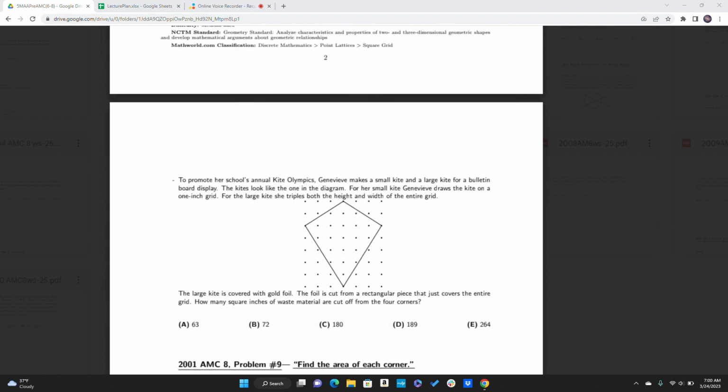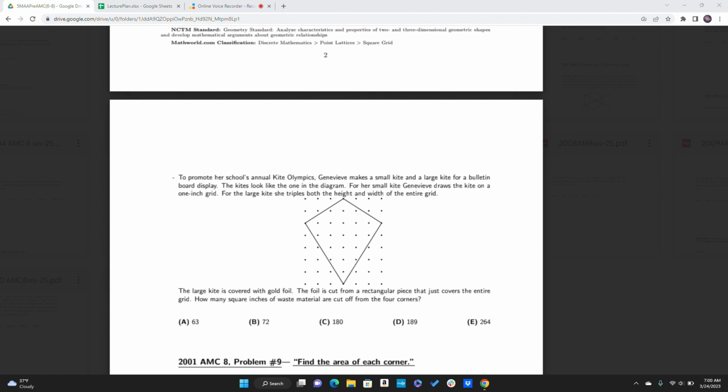And lastly, her large kite is covered in gold foil, which is so fancy. And it's cut from a rectangular piece that just covers the entire grid. How many square inches of waste material are cut off from the 4 corners? Well, we know from our previous problem that the large one is a 21 by 18, right?